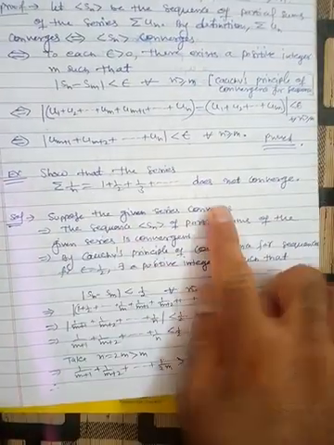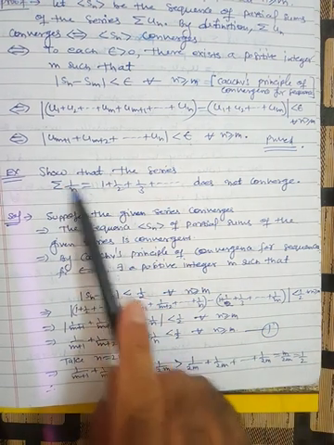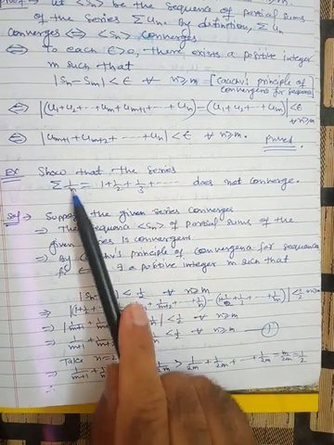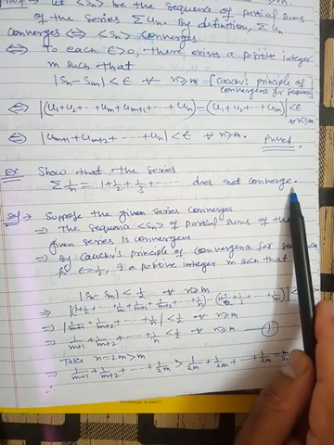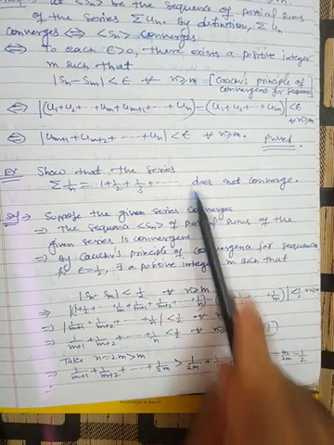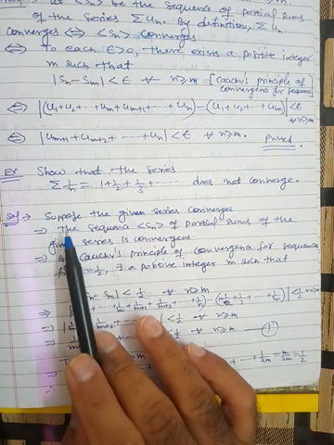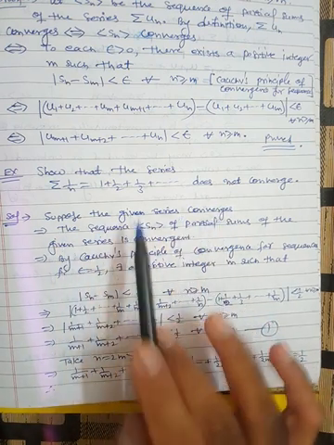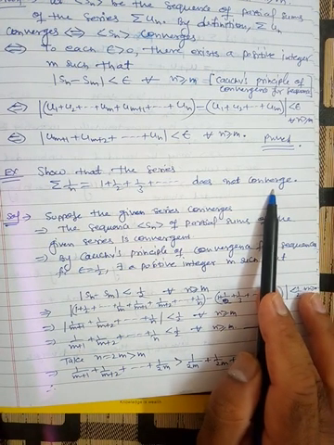Show that the series 1 plus 1/2 plus 1/3 plus ... does not converge. We will see more proofs of this later, but here is one of the logics. Suppose the given series converges. We will prove this by contradiction.